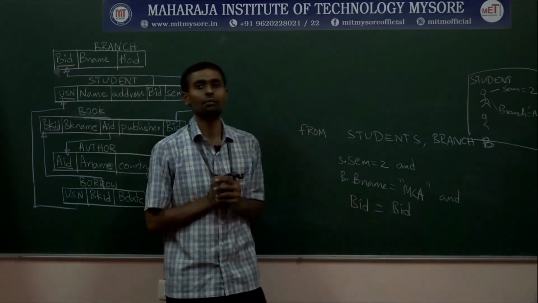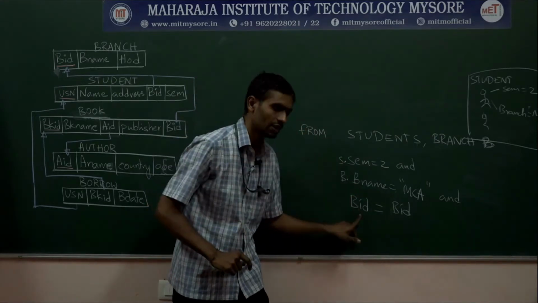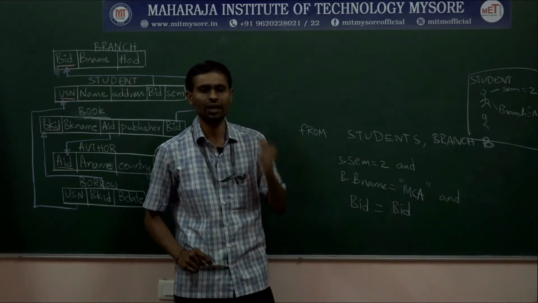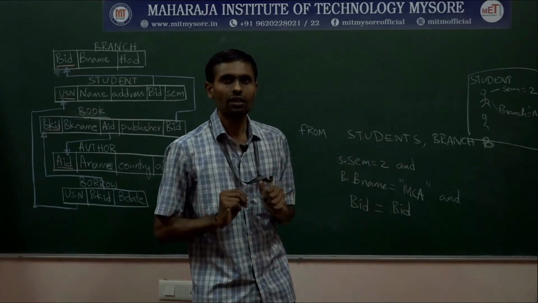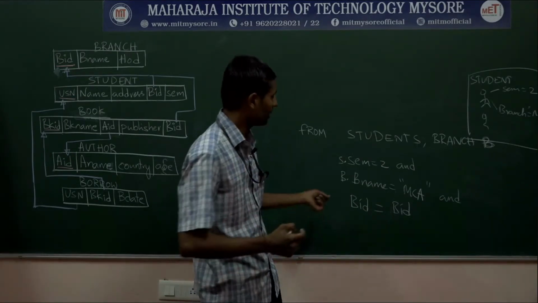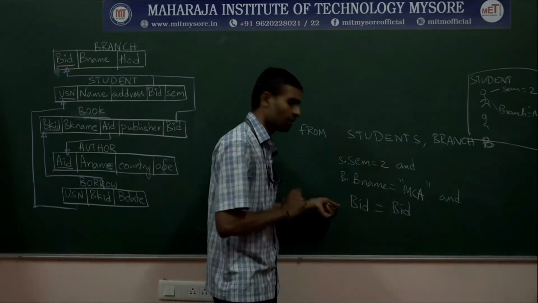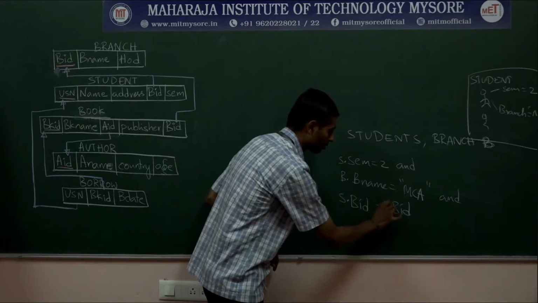So whether this BID belongs to student or should I consider it from branch? It is very difficult to resolve. So we should not leave it to the compiler. Instead, we have to specify clearly that this BID belongs to student and this belongs to branch.